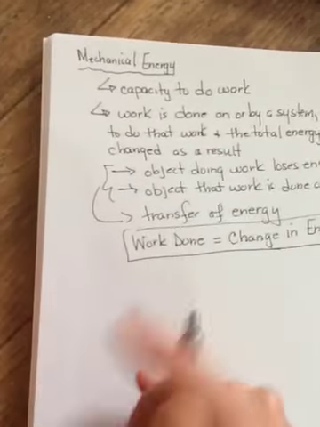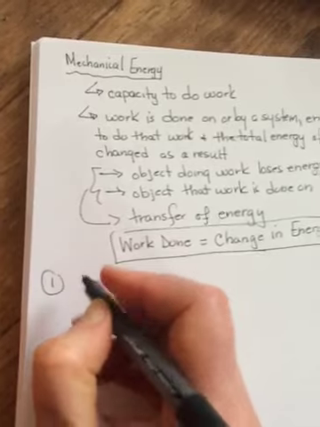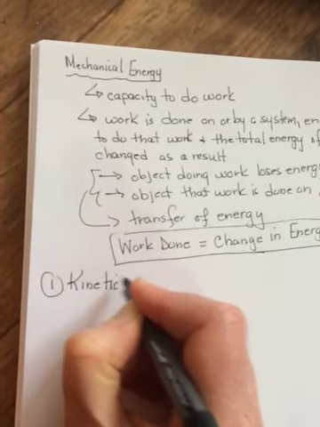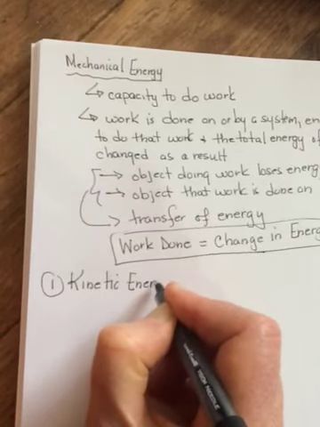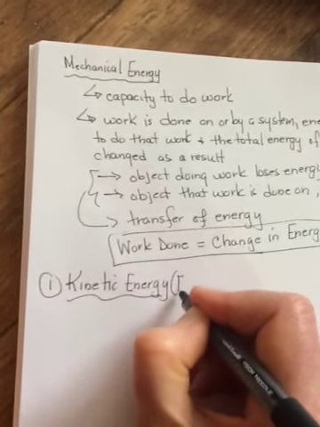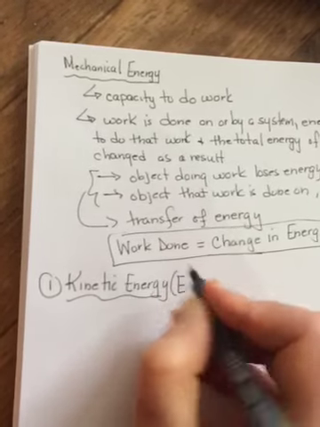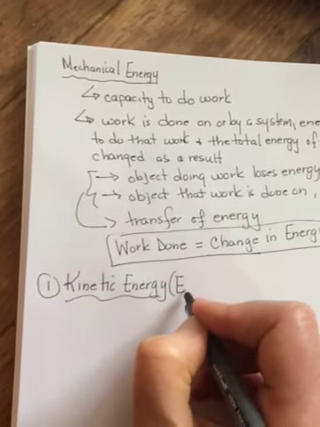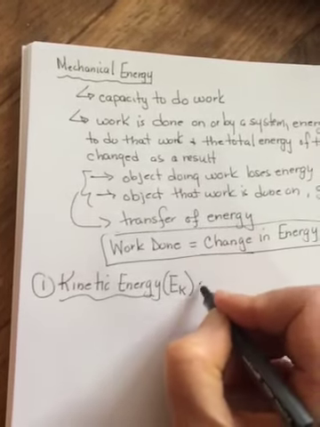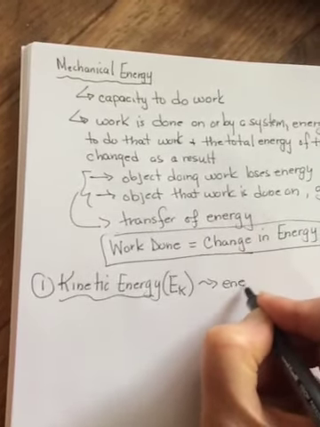So the first type of mechanical energy we're looking at is a type you met in last unit. It's called kinetic energy. And if you remember, all energy is a capital E with a subscript to denote which type. So kinetic energy is E with the subscript K. And kinetic energy is energy of motion.